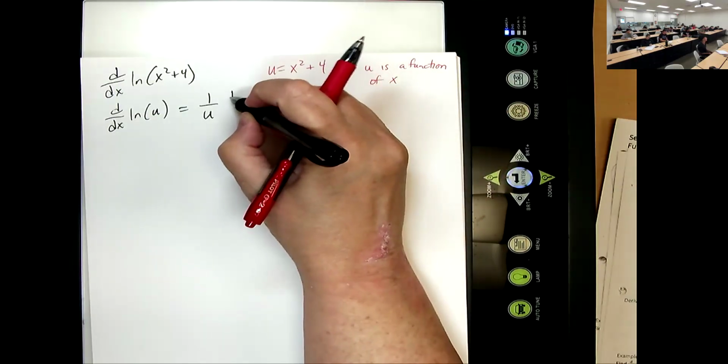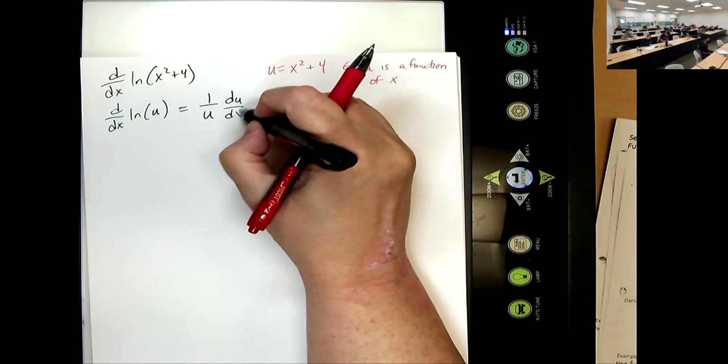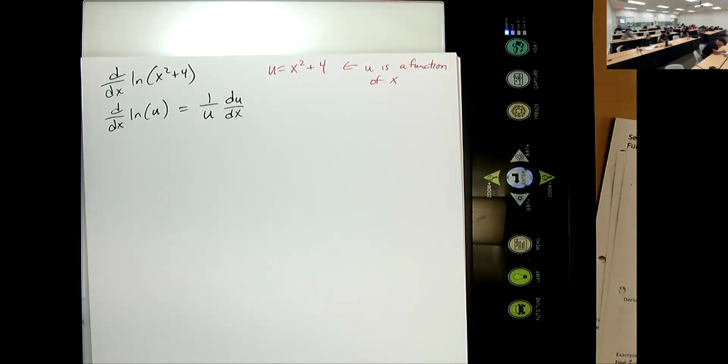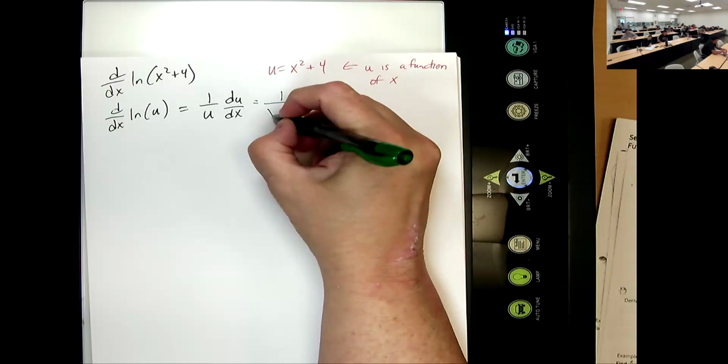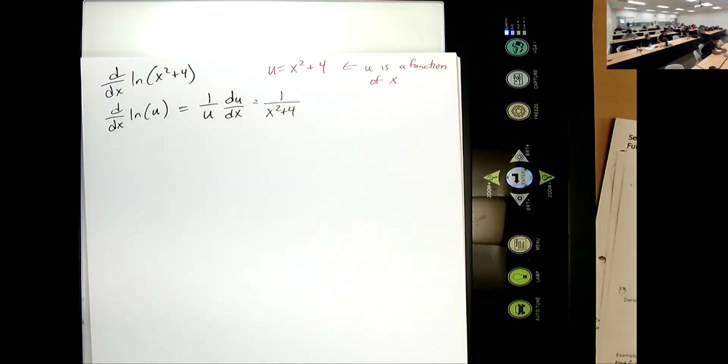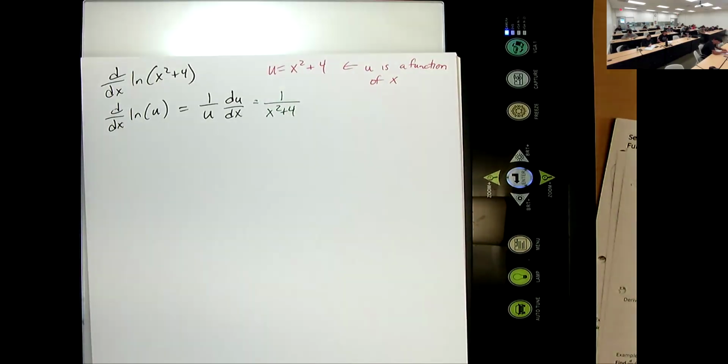I have to do du/dx. But u is x squared plus 4, so 1 over u is 1 over x squared plus 4.